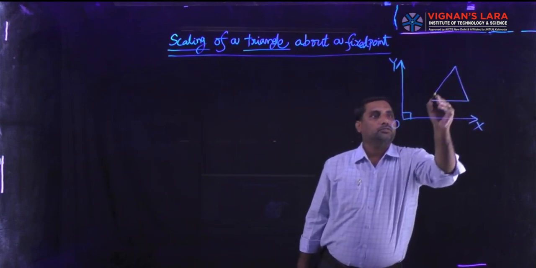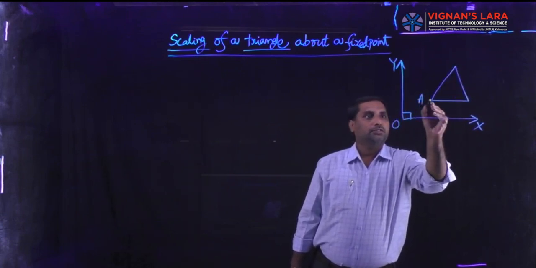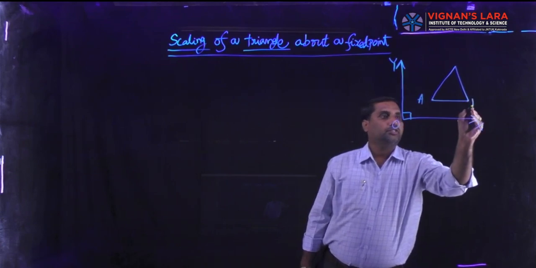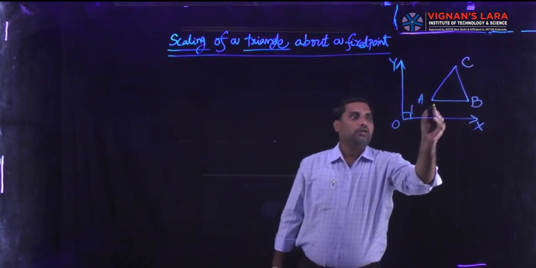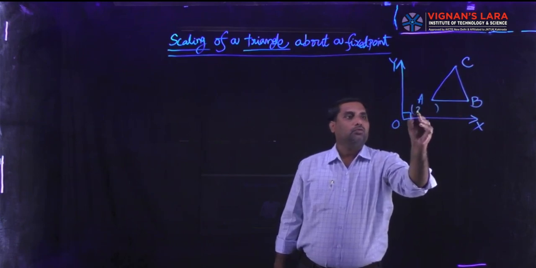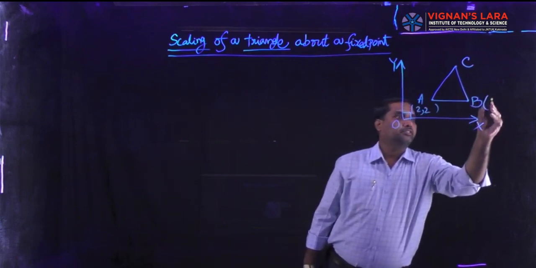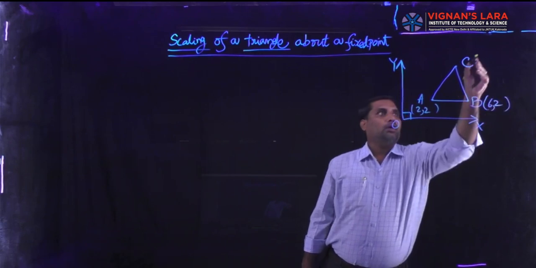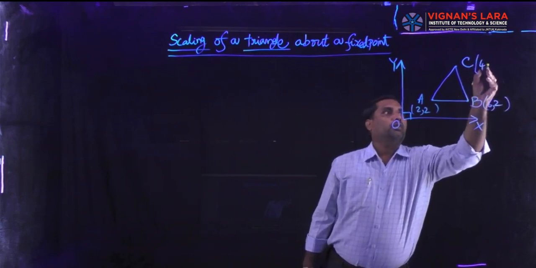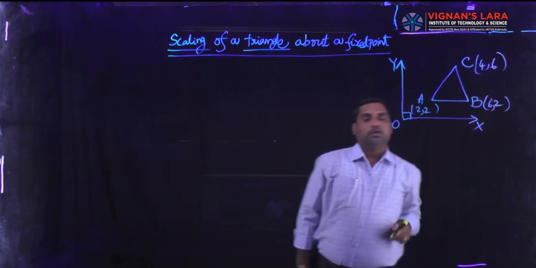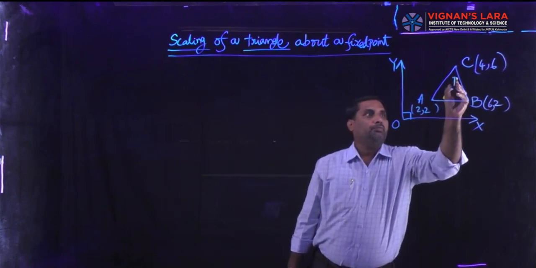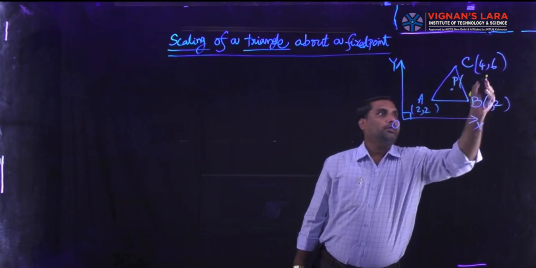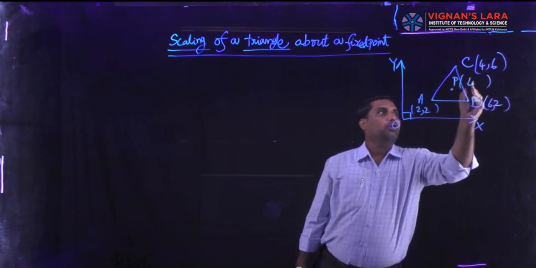This vertex is A, the second vertex is B, and the apex is C. The coordinates of A, B, C are (2,2), (6,2) and (4,6). I am also considering a fixed point P within the triangle, and its coordinates are (4,4).